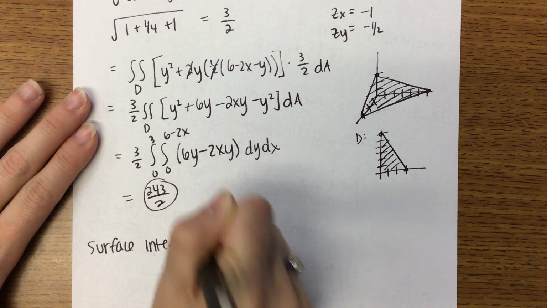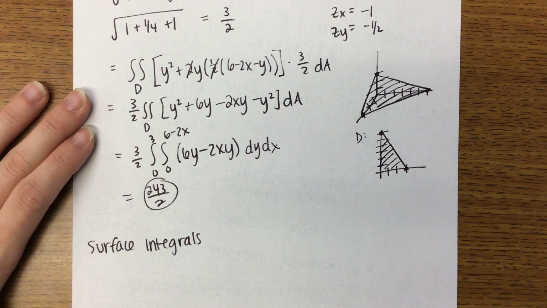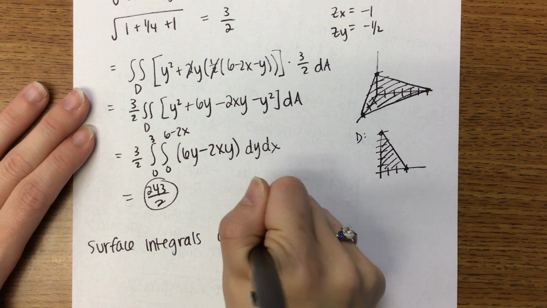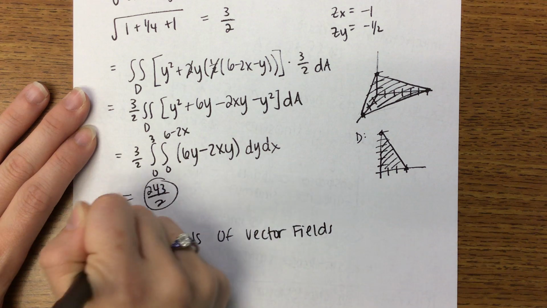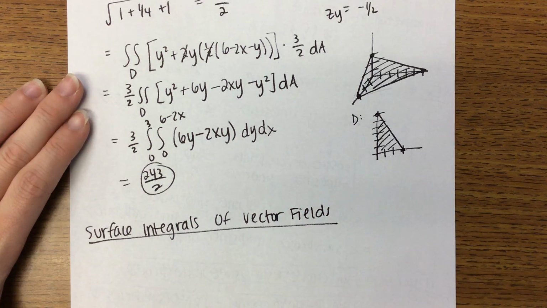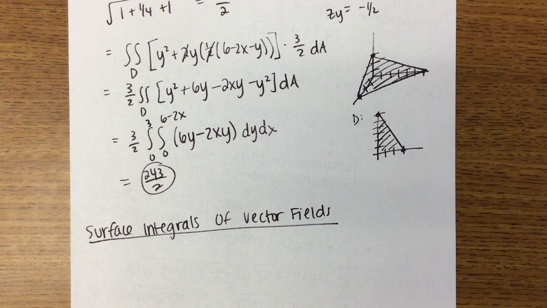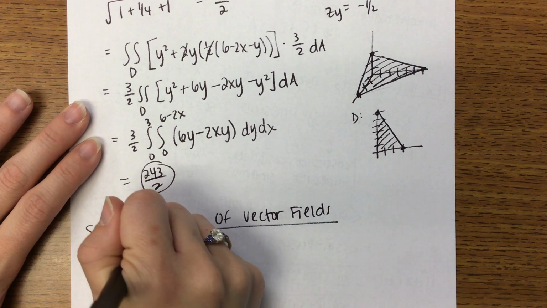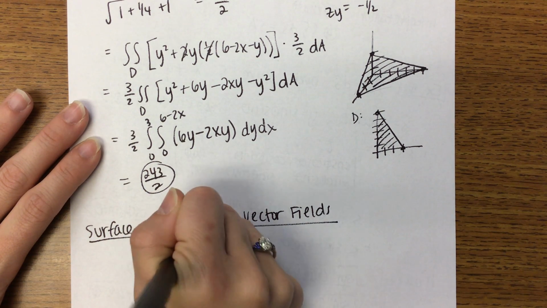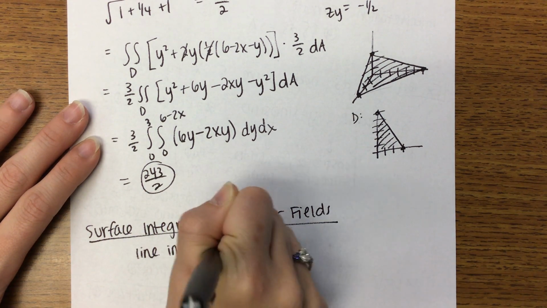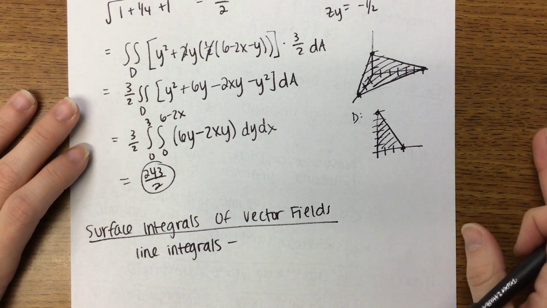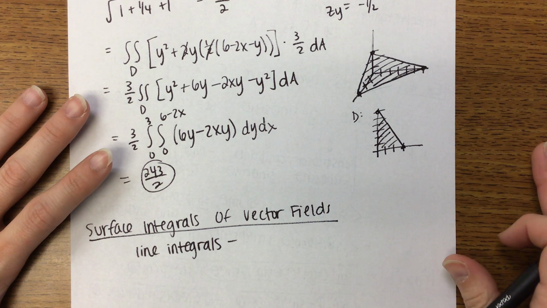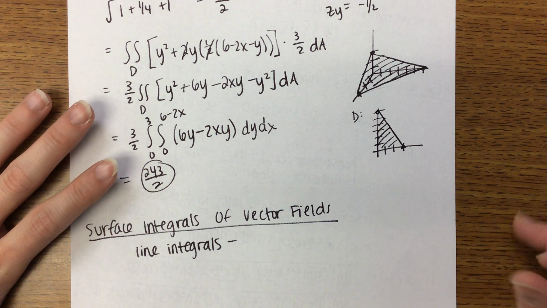Okay, so like line integrals, we talked about line integrals of vector fields. We're now going to talk about surface integrals of vector fields. When we took the line integral over a vector field, what information did that give us? Work.